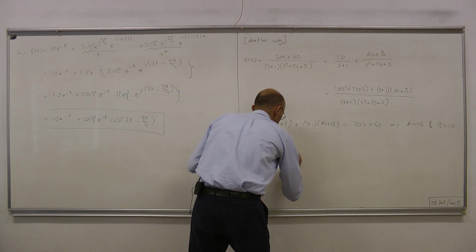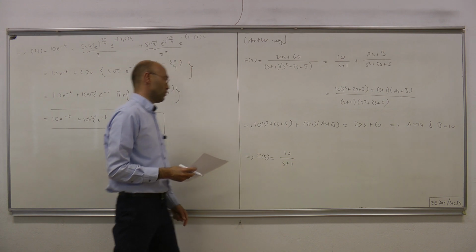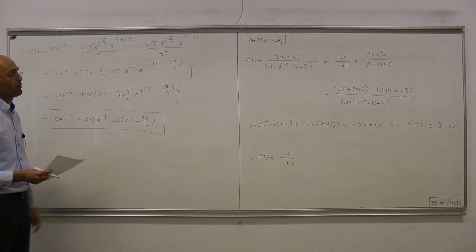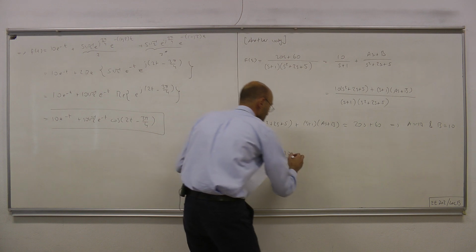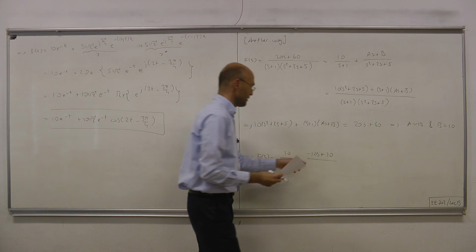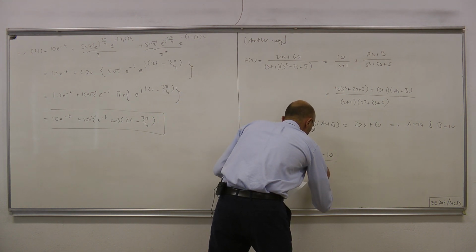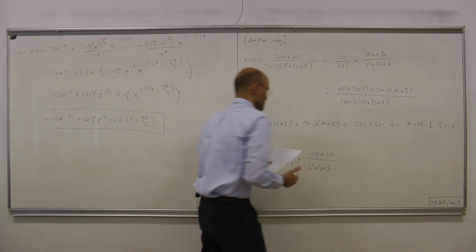F(s) equals 10 over s plus 1, and we know the inverse Laplace transform of this term. It's here, 10 e to the minus t, plus (minus 10s plus 10) over (s squared plus 2s plus 5).